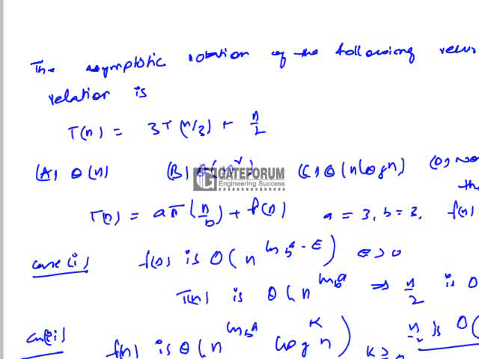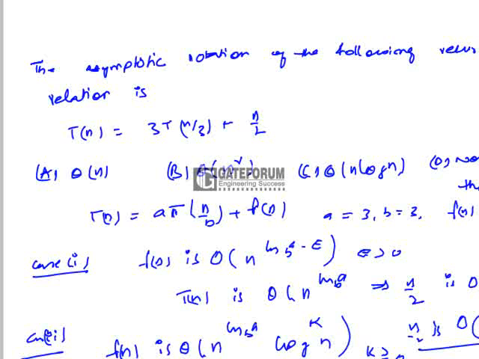If we substitute k equal to 0, this condition is satisfied. When this condition is satisfied, we can write T(n) as theta of n^(log a to the base b) (log n)^(k+1). Since we have taken k as 0, (log n)^(k+1) becomes log n.